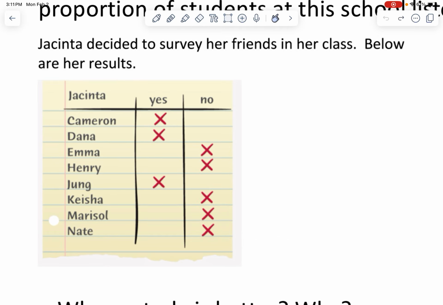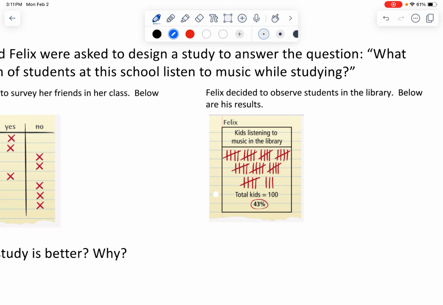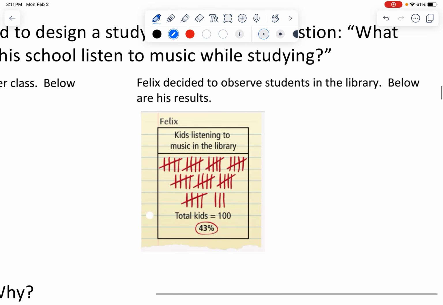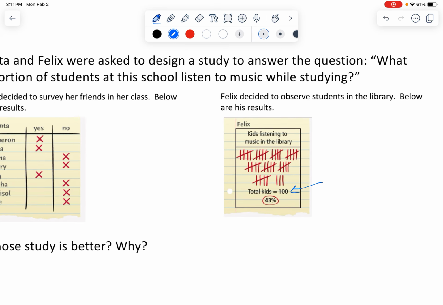If you look at this, you can see that Jacinta has, let's see, 1, 2, 3, 4, 5, 6, 7, 8 students that she surveyed, and they're friends in her class. Felix decided to observe students in the library. He has 100 total kids, and 43% of those were listening to music in the library.